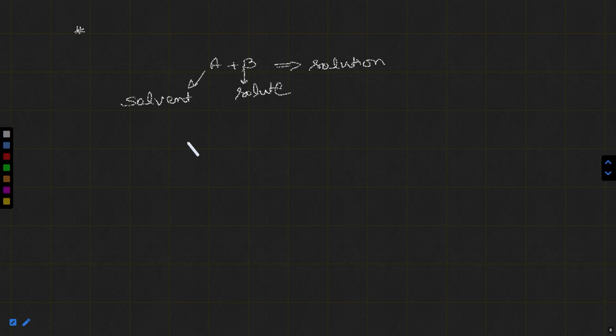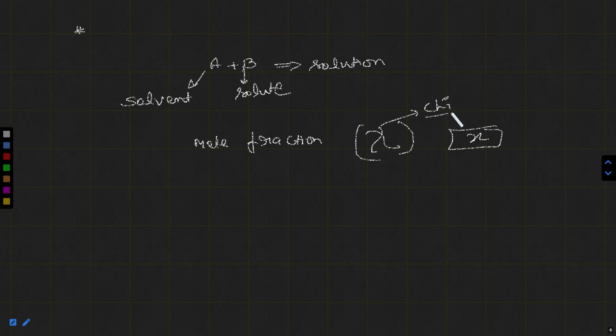What we are doing, we are calculating mole fraction. First of all, the mole fraction symbol is chi. It is named as chi, but generally we write x. That is the symbol of mole fraction. The next important point, suppose you want to calculate the mole fraction of A, so you can write chi A. Suppose you want to calculate the mole fraction of B, so you can write chi B. You are asking only fraction, not percentage.